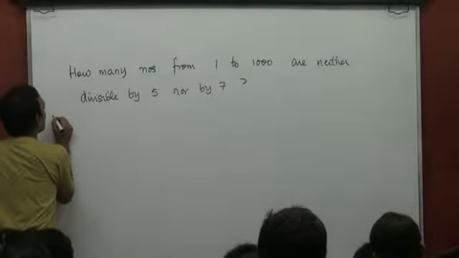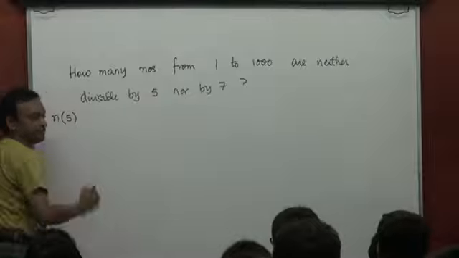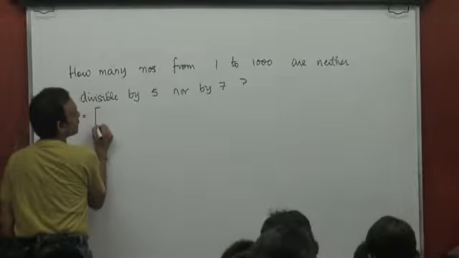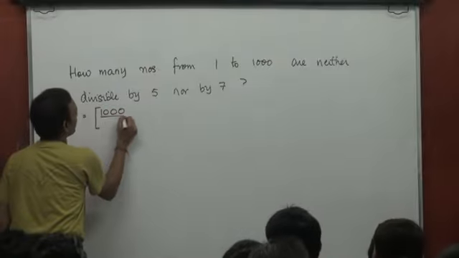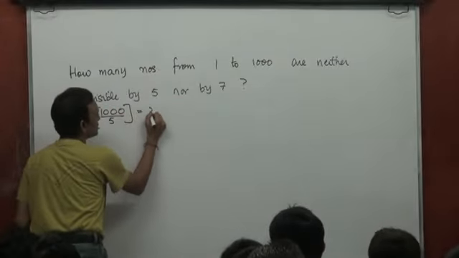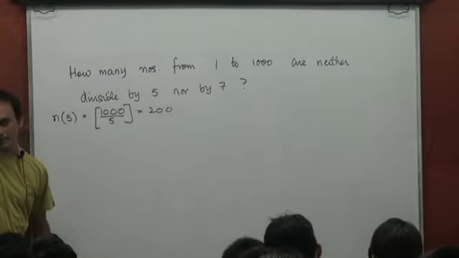First of all, the number of numbers that are divisible by 5 is going to be the integer part of 1000 by 5. That is, there are 200 numbers that are divisible by 5 from 1 to 1000. Yes or no?